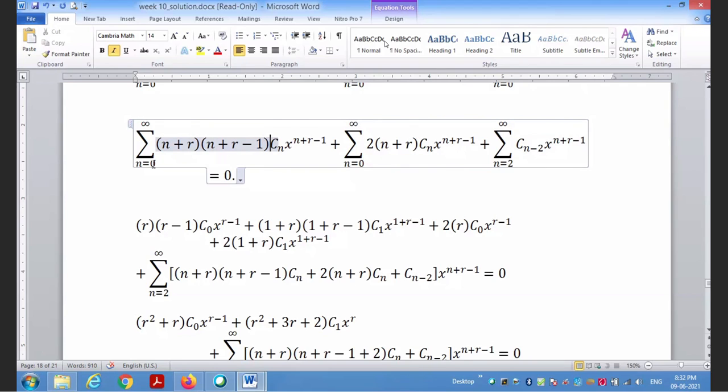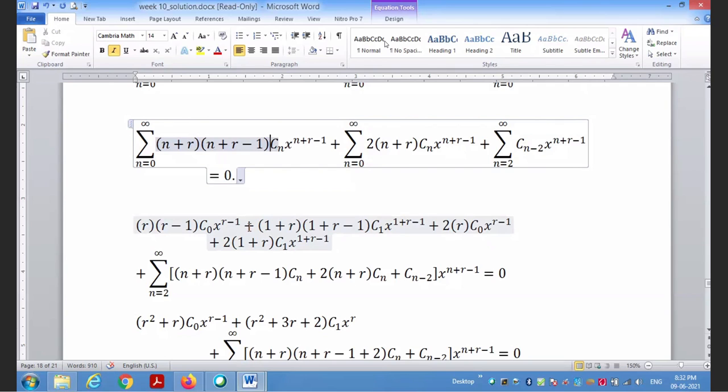0 and n with 1. Okay, so we do this. When n equal to 0, we have 0 plus r, which is r, and 0 plus r minus 1, c naught, and then we have x to the r minus 1, because n is equal to 0.